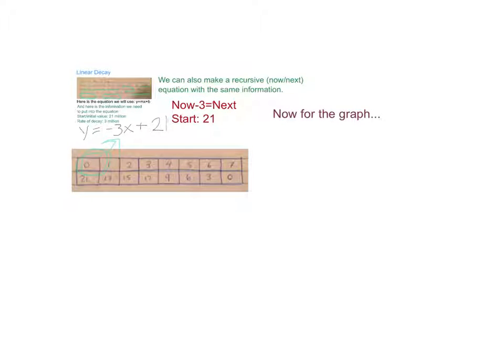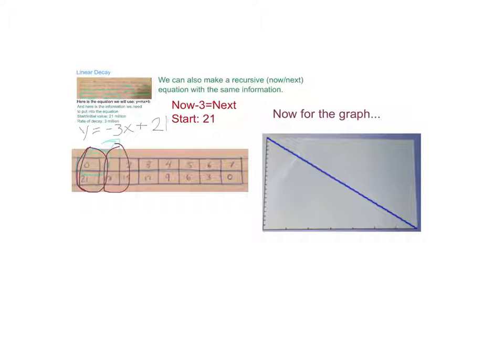In order to make the graph, we need to take our ordered pairs and place them as plotted points on a coordinate plane. Here's the graph.